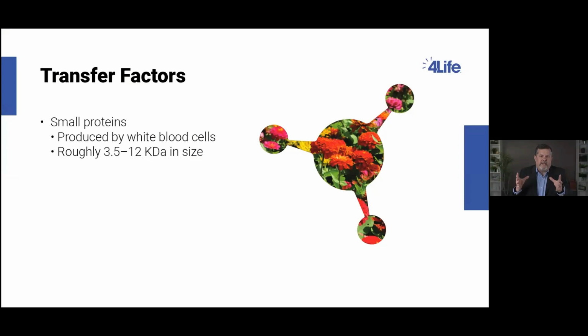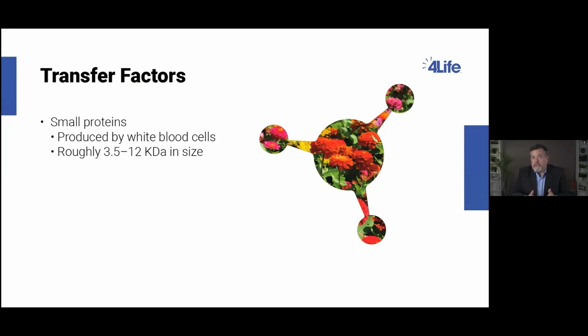Anything that your body can identify as being unique to that particular invader, it can create a transfer factor toward. And that variable region is going to be like a key and lock. It fits perfectly around whatever it is, so that when it comes in contact with it, there's that perfect fit.